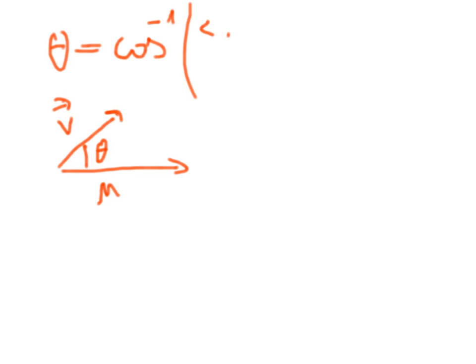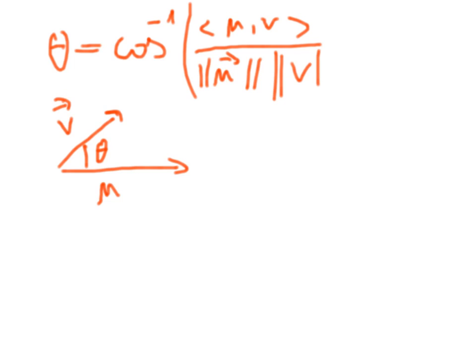And this ratio is the inner product of u and v, that is a number, remember, over the norm of u times the norm of v. Sorry, sometimes I still put the arrow. Let's do everything consistently.